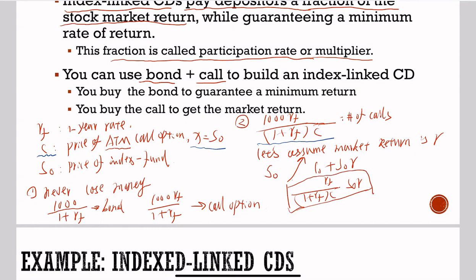Now, what is the definition of the multiplier? It's really the return on your index-linked CD divided by the market return. And what is the market return here?